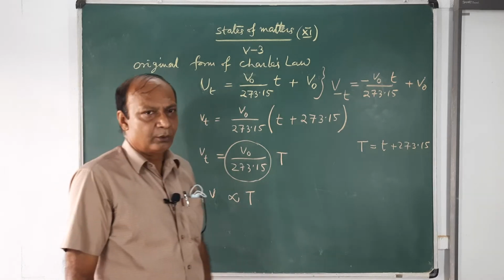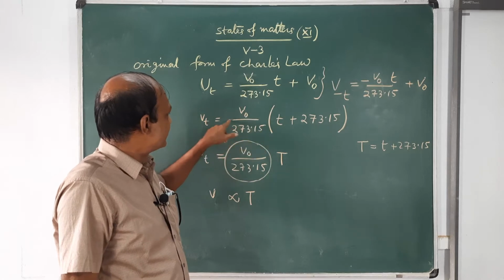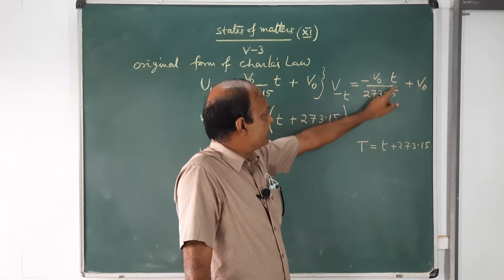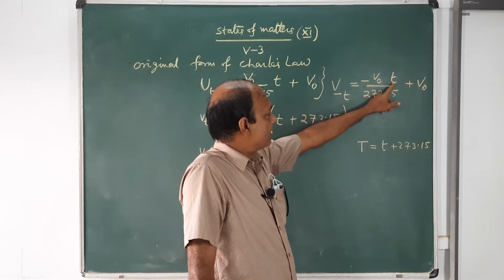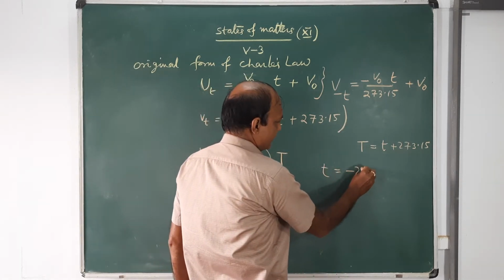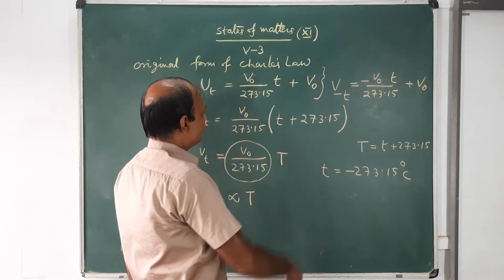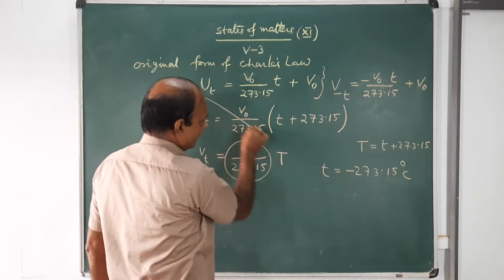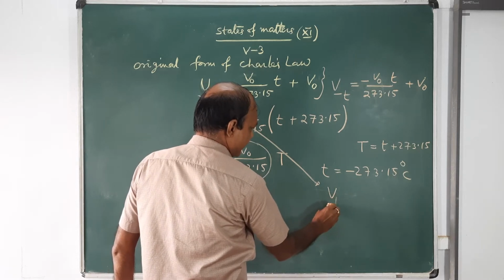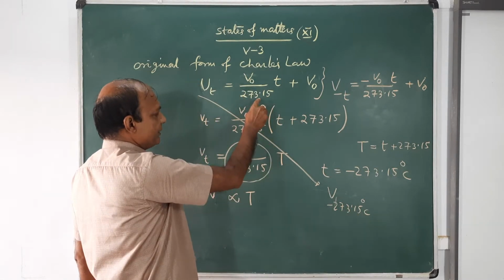If you write this expression, this is the original form of Charles' law. So, if you take the centigrade temperature as minus 273.15 degree centigrade, from Charles' law you can see that the volume of the gas at minus 273.15 degree centigrade will be reduced to 0.